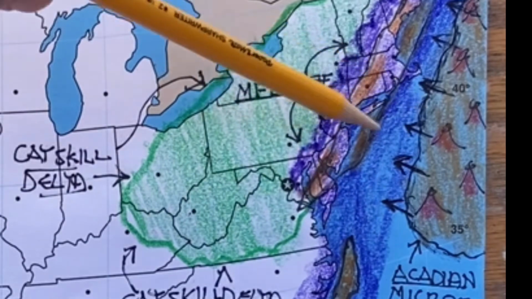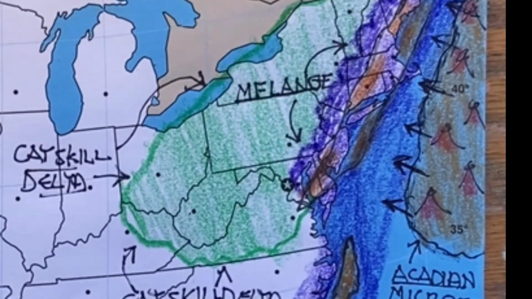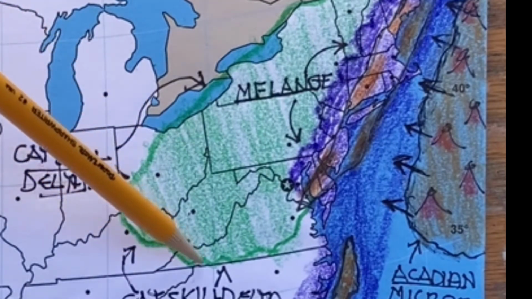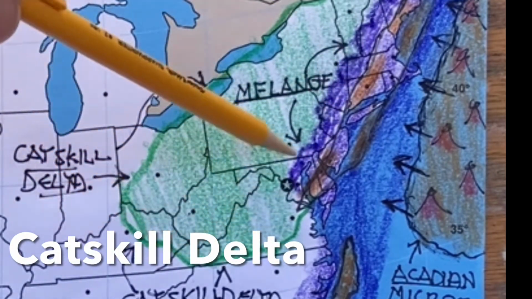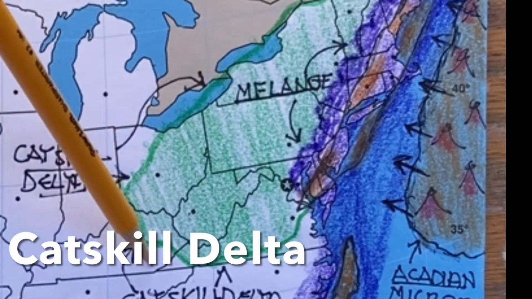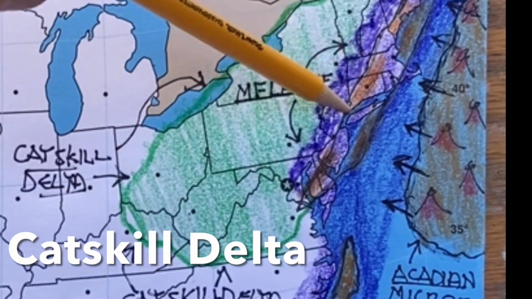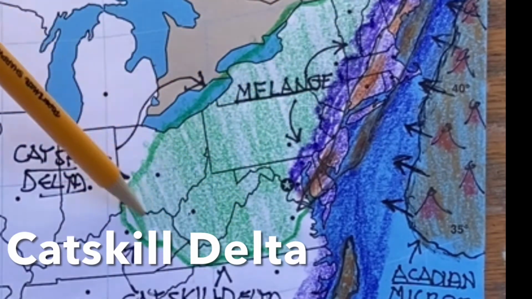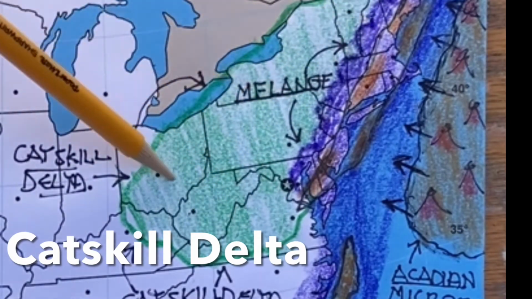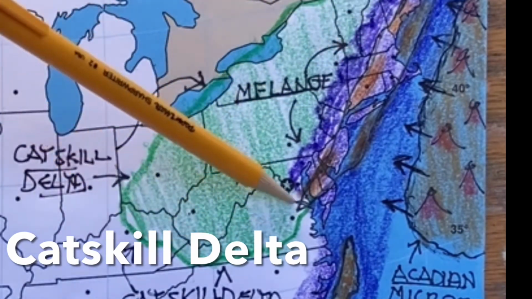And its erosion sediments covered up the Taconic Queenston Delta, and they became this massive Catskill Delta, which was even bigger than the Queenston Delta. And the Catskill Delta, like the Queenston Delta, was made first of mud and silt, then sand, and then pebbly sand on top of that.